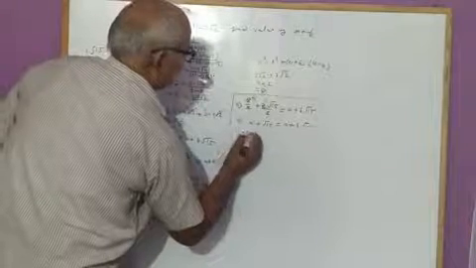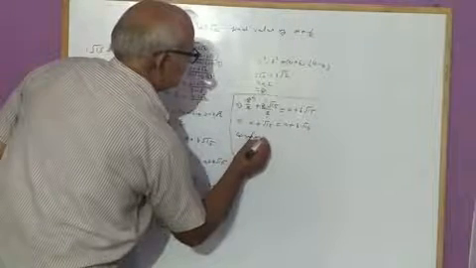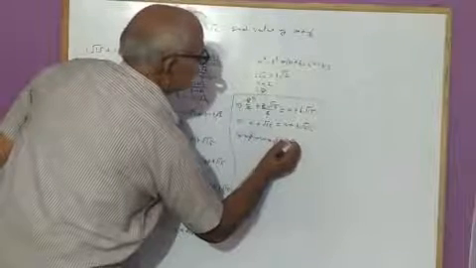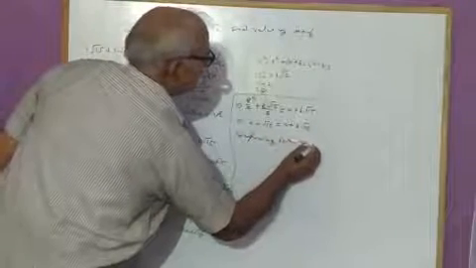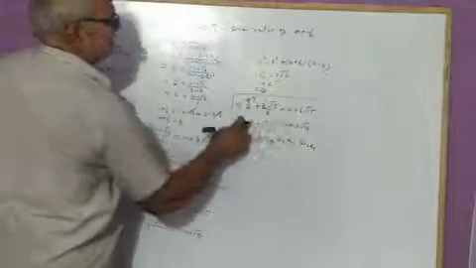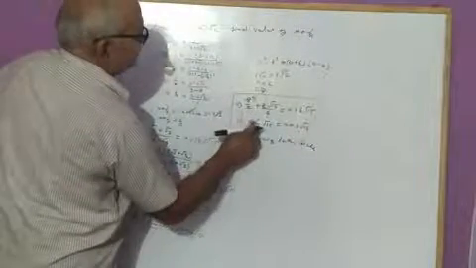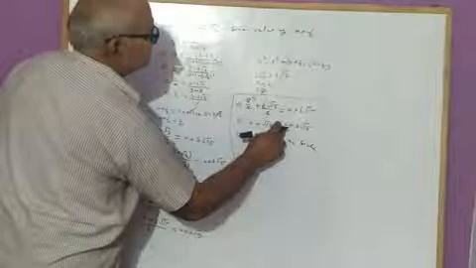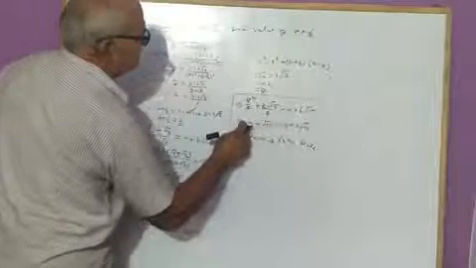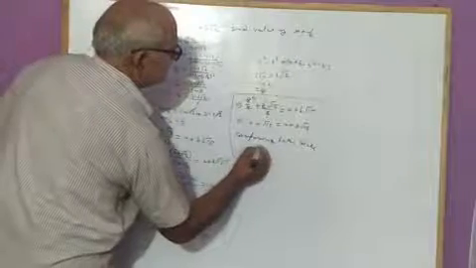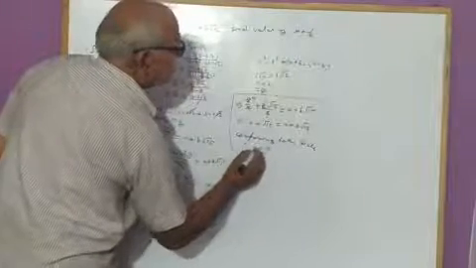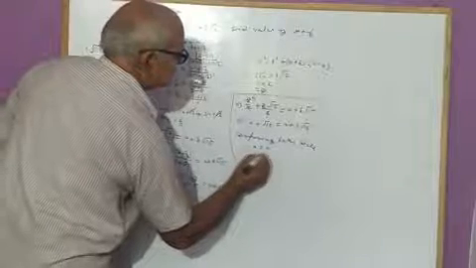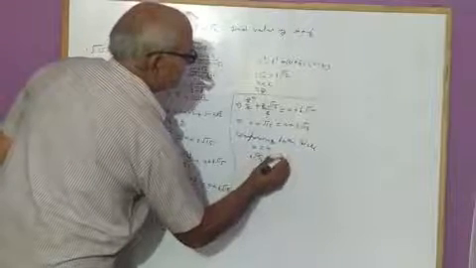Comparing both sides, you see here 4 plus root 15 and a plus b root 15. So in place of a, it is equal to 4, and b root 15 is equal to root 15.